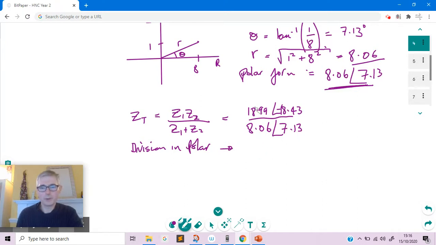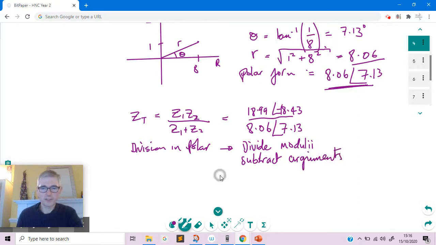We divide the modulus, or moduli, and we subtract the arguments. So it's basically the opposite to what we do when we're doing multiplication, so subtract the arguments.